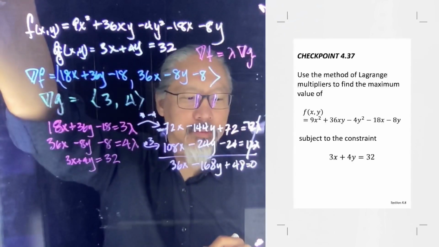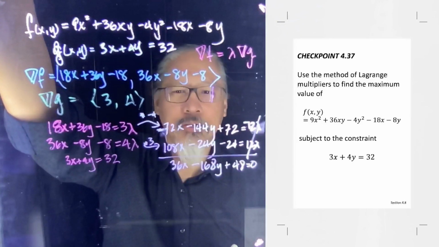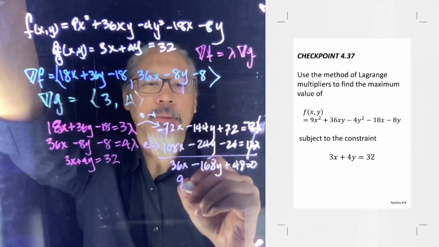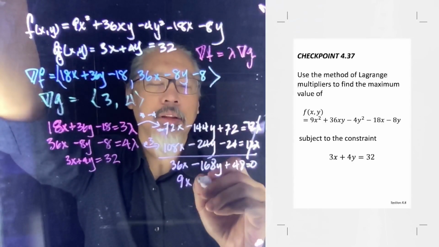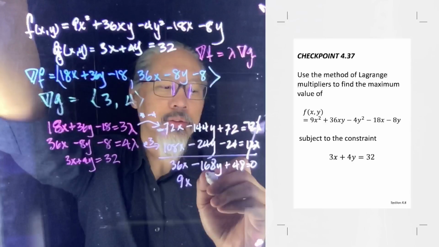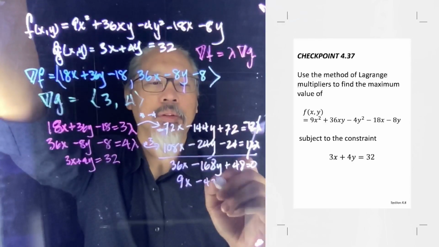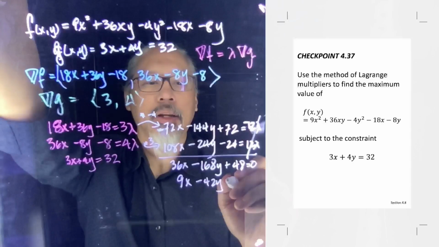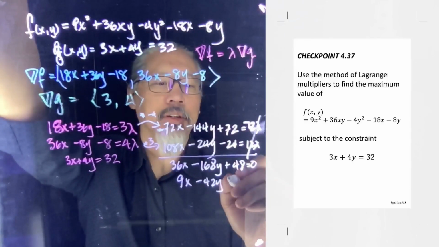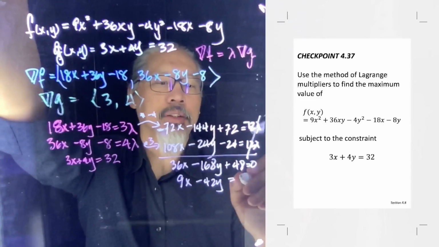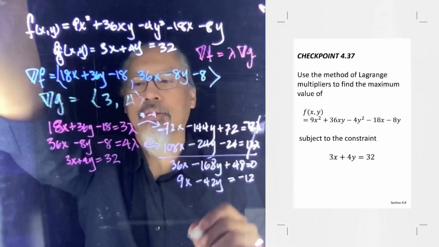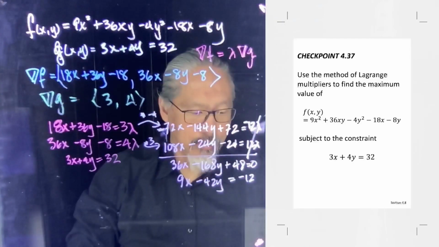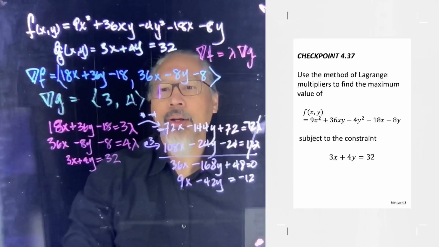I think we can take out a 4. Let's see if we can factor out a 4 here. This would be 9x, 4 out of this would be 42y, and this is going to be 12. And let's prepare it to bring it over here. So let's bring the 12 over to the other side. Negative 12.